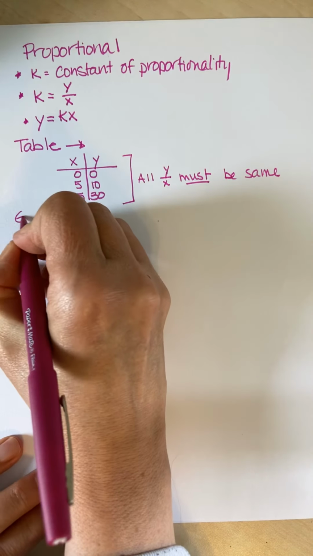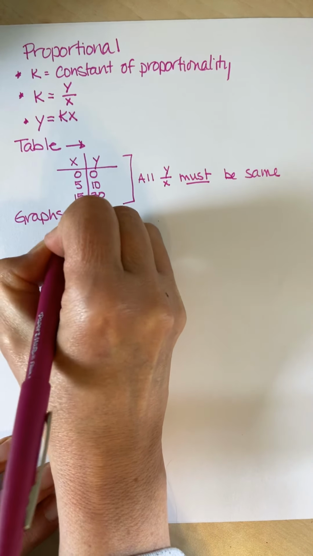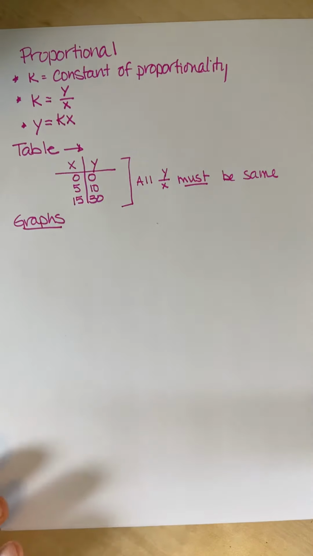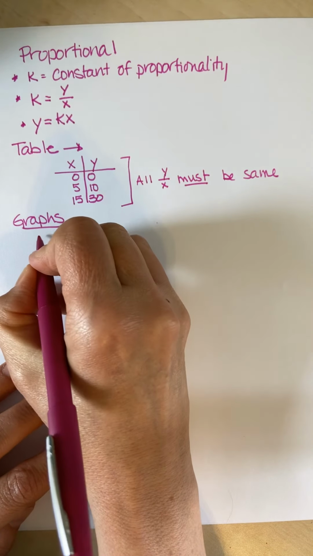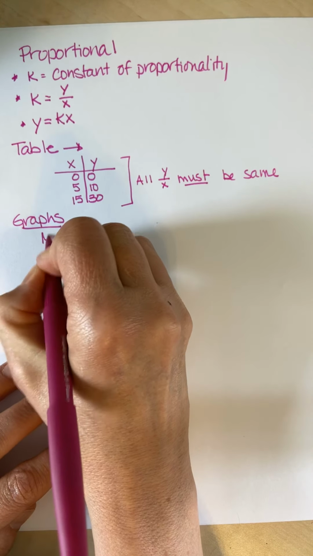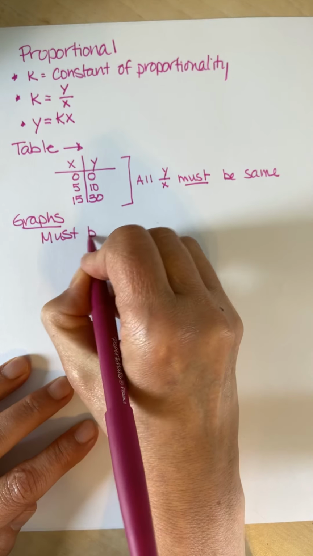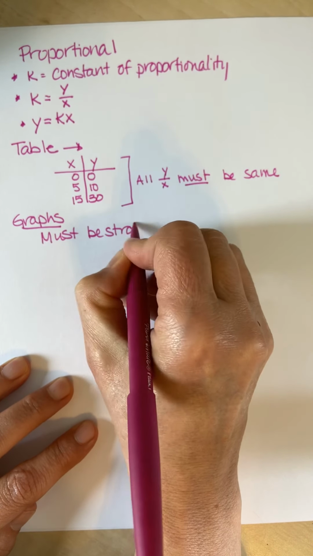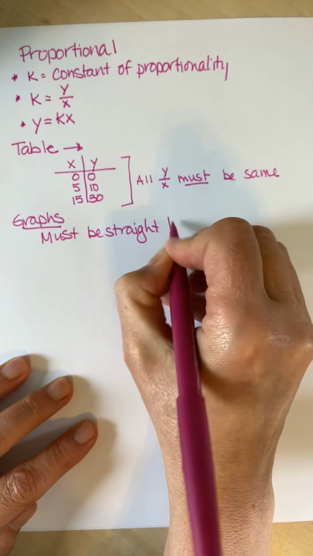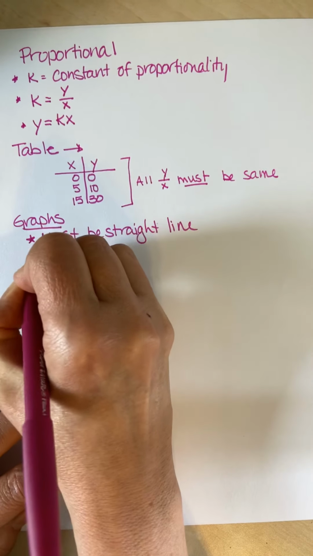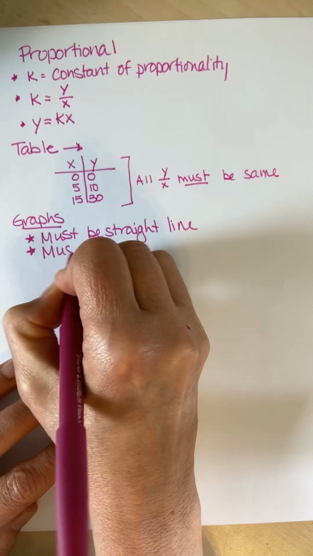And then for graphs, okay, again, all my y over x's are going to be the same, and it must go through the point 0, 0. Must be a straight line. And must go through the point 0, 0.